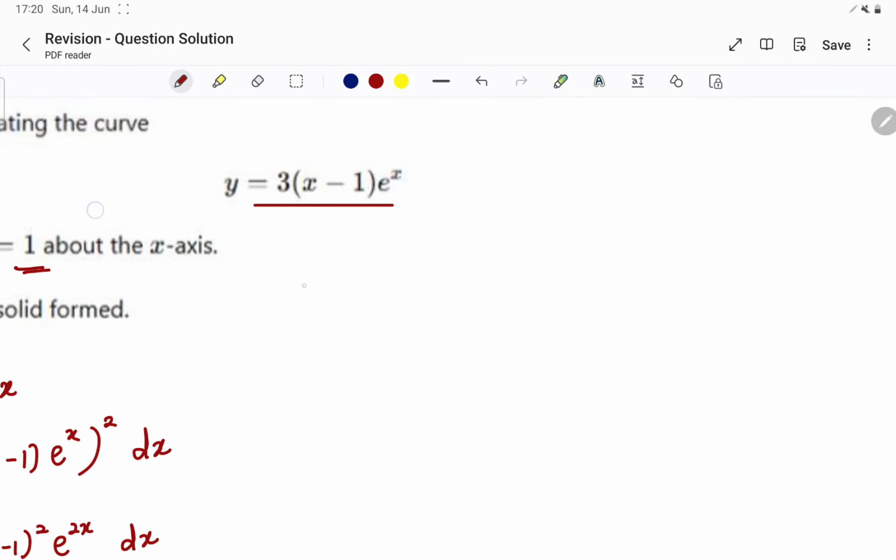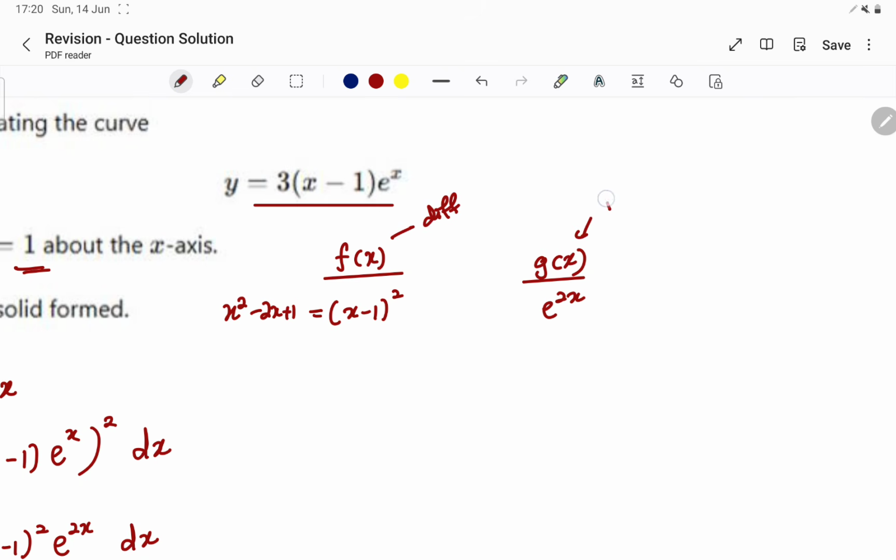So f(x) is (x minus 1) squared, which can also be considered as x squared minus 2x plus 1, and g(x) is e to the power of 2x. Remember, for f(x) we have to differentiate, and for g(x) we have to integrate.